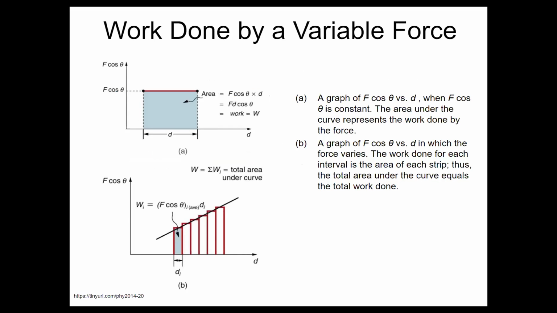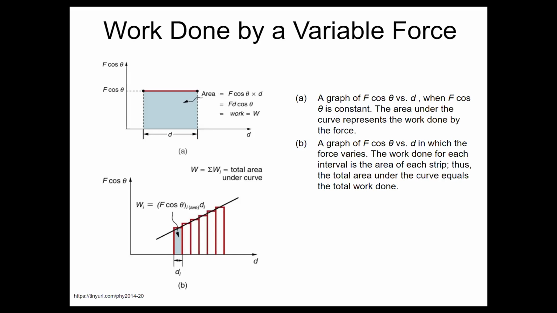We also talked about work done by varying forces. In general, you can plot the component of the force in the displacement direction versus displacement, and then the work done on the object is equal to the area underneath the curve.